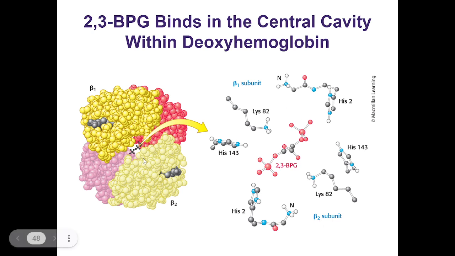You can see it actually binds between the beta 1 and beta 2 subunits. These right here are the amino acids that are directly involved in this binding, and you see it's matching the hydrogen binding here. So it sticks and then it's stopping them from coming together.